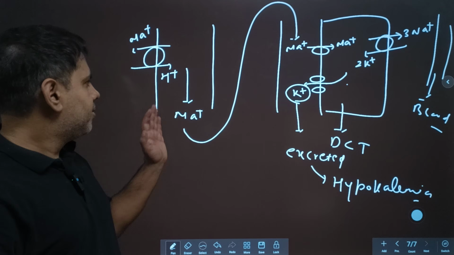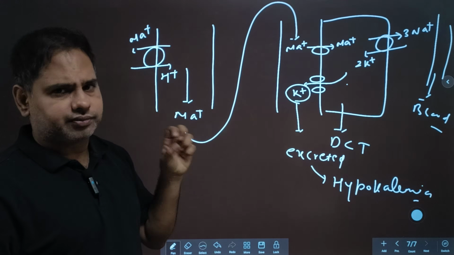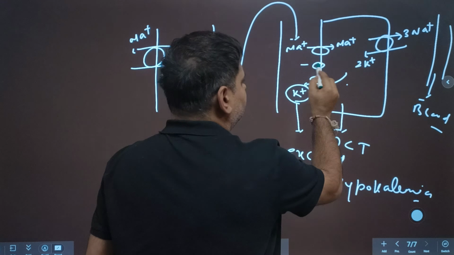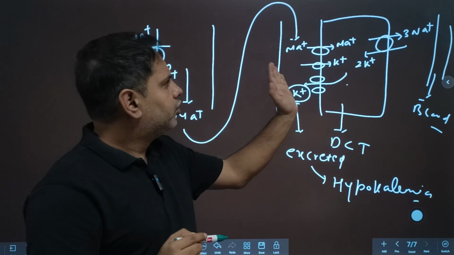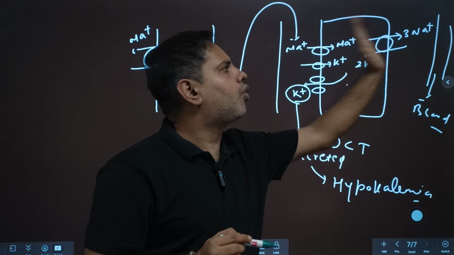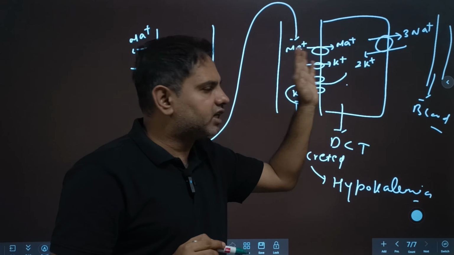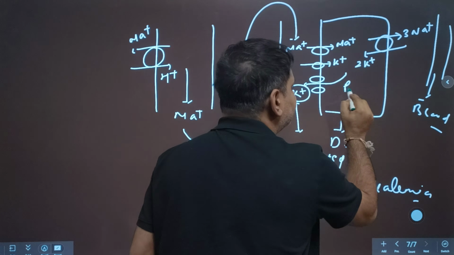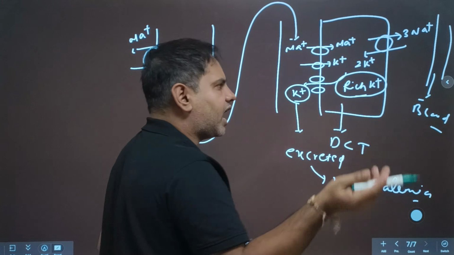How does it happen? Because in the distal convoluted tubules there are sodium channels, and there are potassium channels also, right? So what's happening? Your sodium is thrown out from the cells, and 2 potassium are coming in, and here also potassium is there. So ultimately the cell is going to be very rich in potassium, so the potassium concentration is very high.